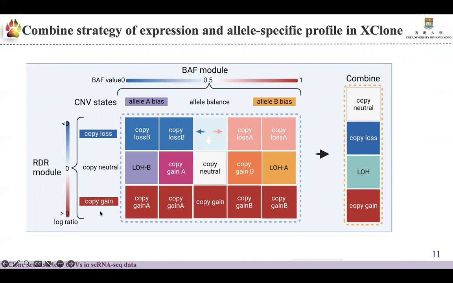We combine the copy gain, copy neutral, and copy loss states in the RDR module with the allele A bias, allele balance, and allele B bias states in the BAF module. Then XClone can finally detect these general copy number variation states.